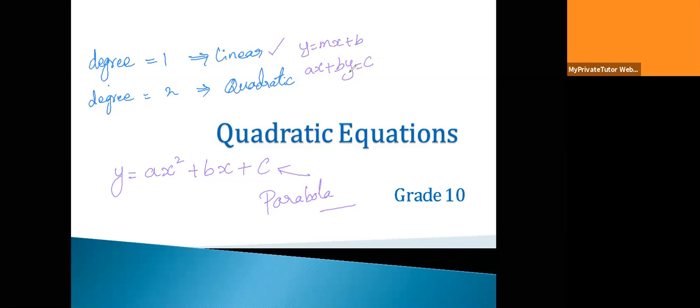That's the standard form, or the slope intercept form, which is an equation for a straight line. You guys know that, right? Similarly, this quadratic equation is the equation for a parabola.